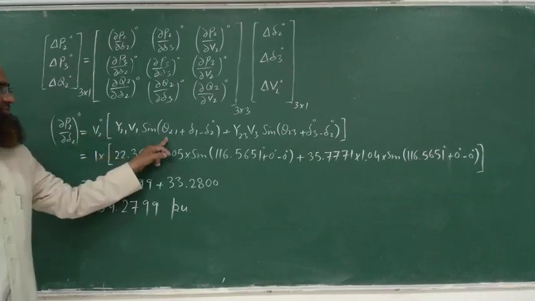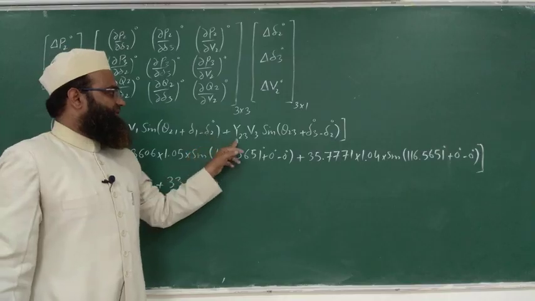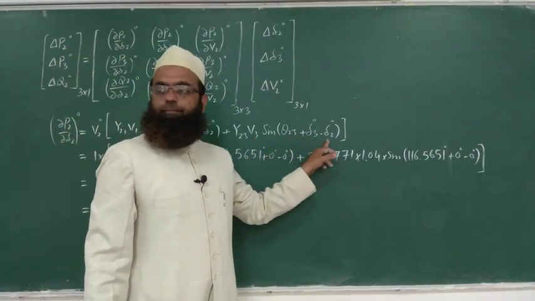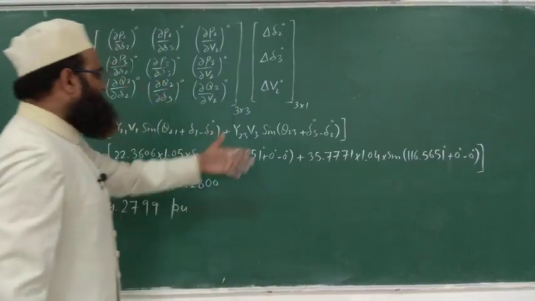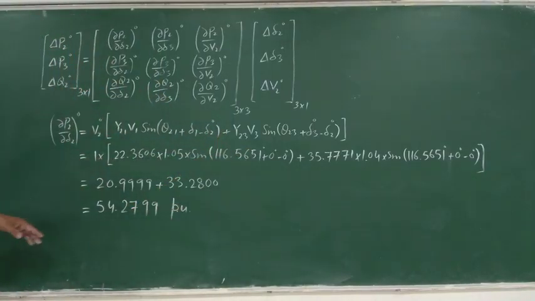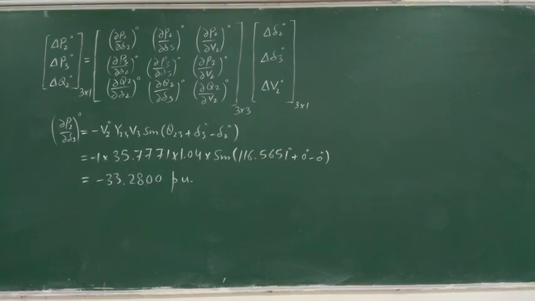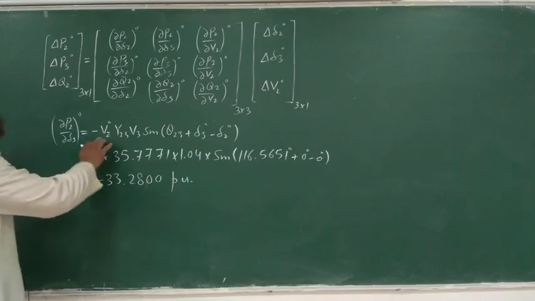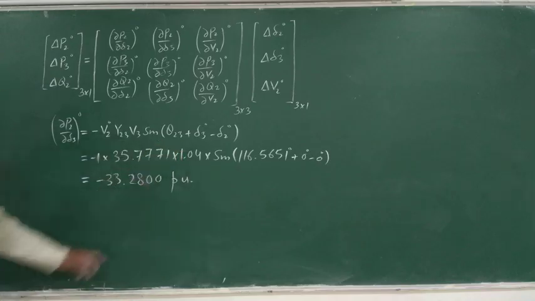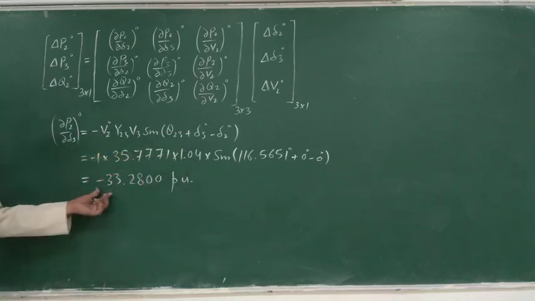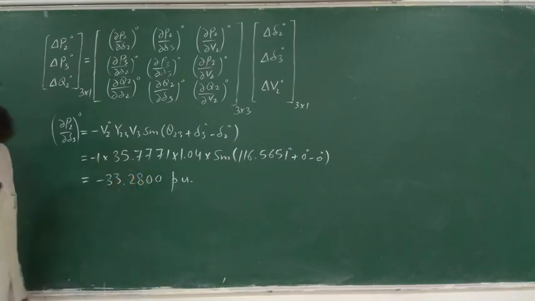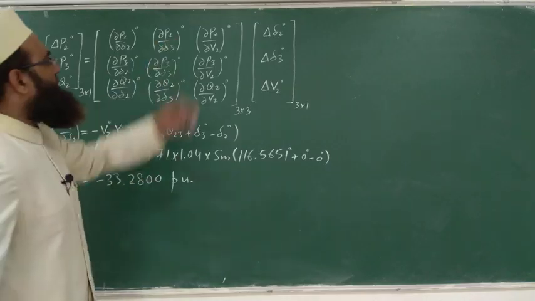This is a specified variable, 0, right? After substituting the corresponding values, we are getting the value of this element as 54.2799. Just note down. So similarly, del P2 upon del delta 3, now the variable is delta 3. So you will get this term, and after substituting the values, you are getting the value as minus 33.2800. Now next evaluate del P2 upon del V2.